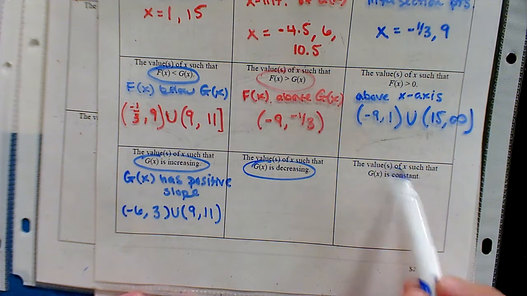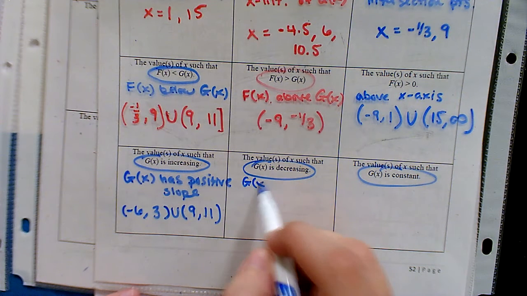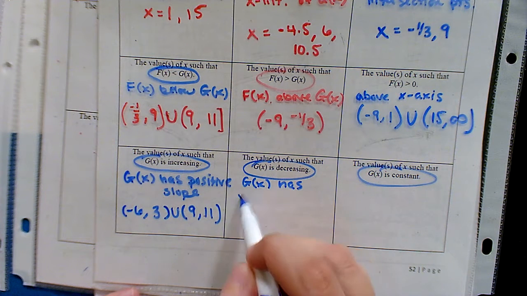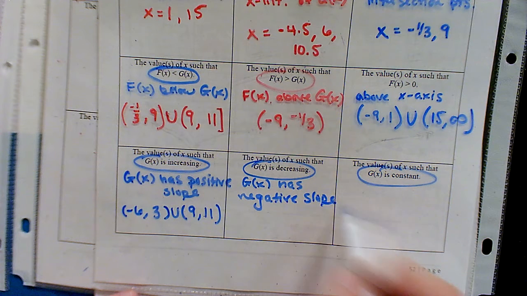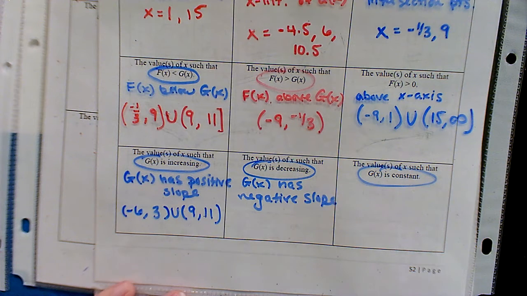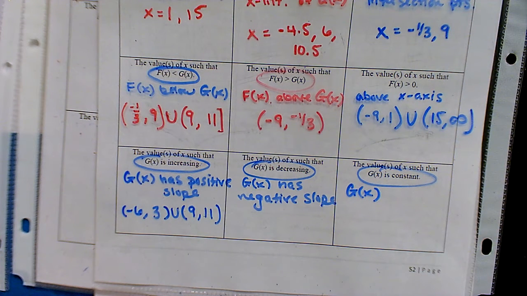Maybe you guys can go on and do decreasing and constant. If g of x is decreasing, it has a negative slope. So when you trace it left to right, your pencil or finger or whatever you're using goes down. And if g of x is constant, can we relate that back to slope?